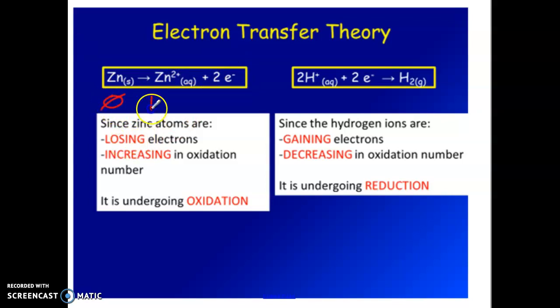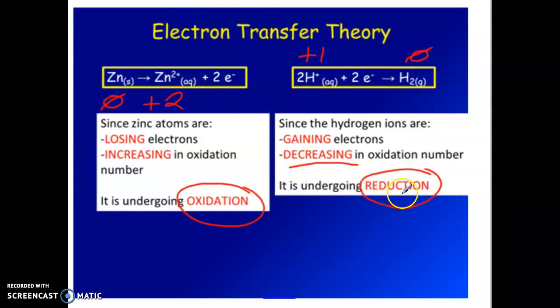The oxidation number is going up from 0 to 2. So we can say that zinc is undergoing oxidation, or this is our oxidation half reaction. Hydrogen ions are gaining electrons. The number is decreasing, +1 to 0. So we would say that hydrogen is undergoing the reduction process.